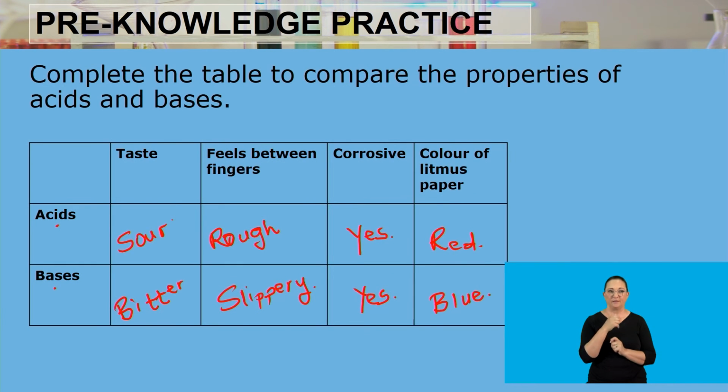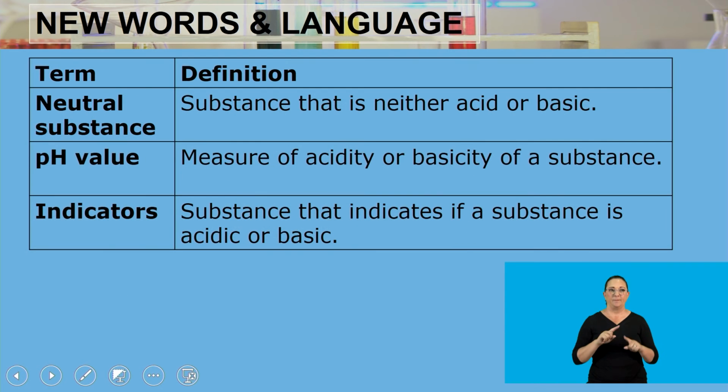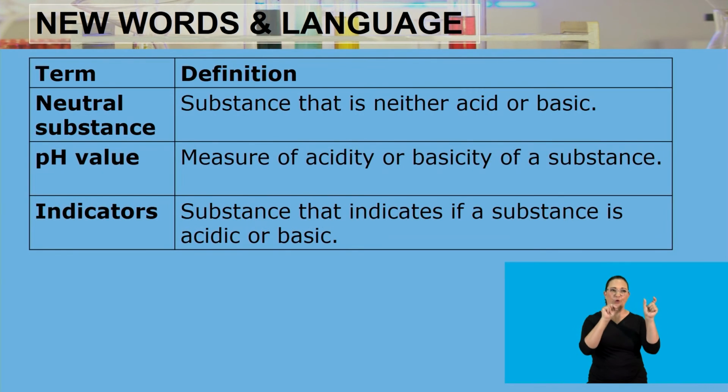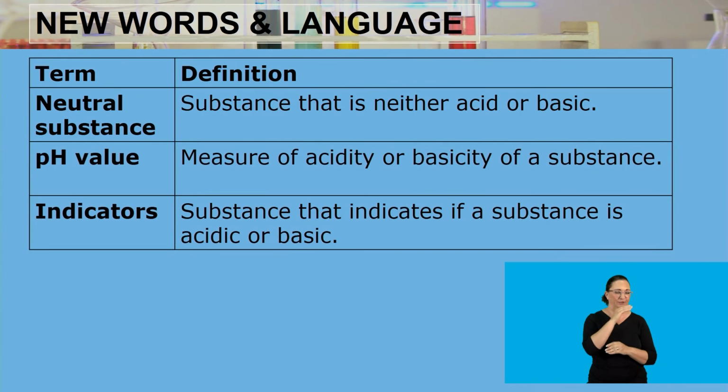Now, throughout this entire lesson, we need to know that we're going to be using certain specific words such as neutral substance, pH value, and indicators. We need to know what they mean. A neutral substance is a substance that is neither an acid nor a base. So it's in between. Now, the pH value is used as a measure of the acidity or the basicity of a substance.